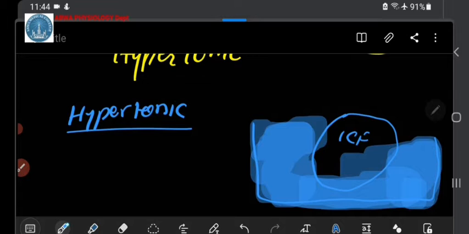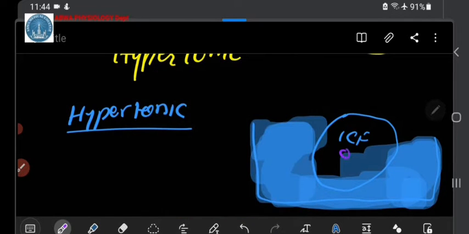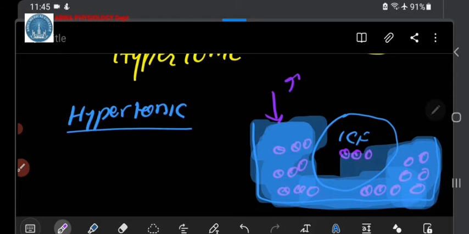It means that it has more solutes or sodium ions than the intracellular fluid. Actually, hypertonic solutions contain a high concentration of solute relative to another solution. So this fluid has a high concentration of sodium ions or solutes.